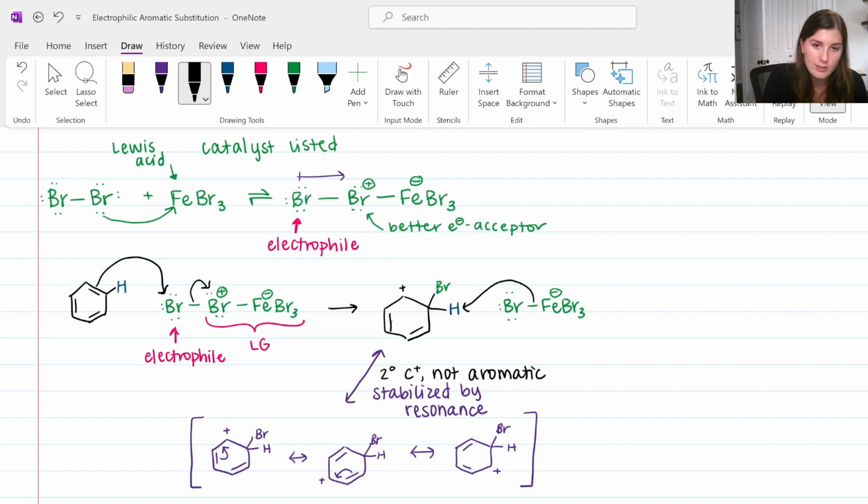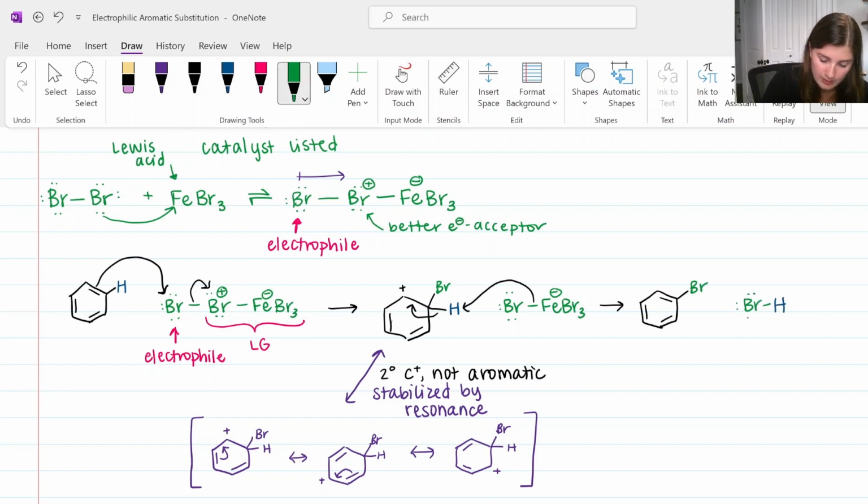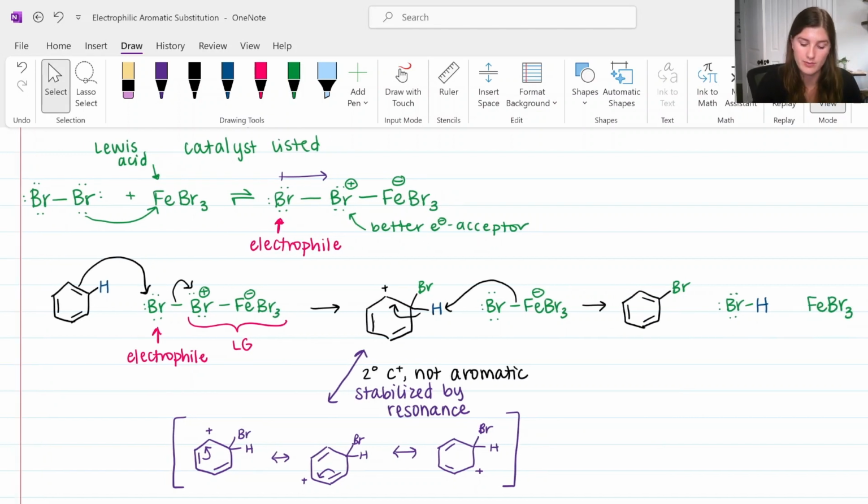Then the electrons in the hydrogen to carbon bond reform a pi bond between the two carbons, and this reestablishes aromaticity. So now our product here has the 3 pi bonds again. We have the added bromine. We have a bromine hydrogen molecule, hydrogen bromide. And we have FeBr3, which is the catalyst that is regenerated at the end of the reaction. So all 3 of these are products.